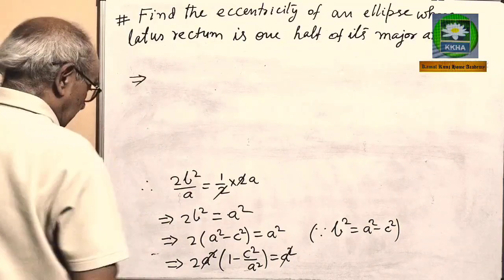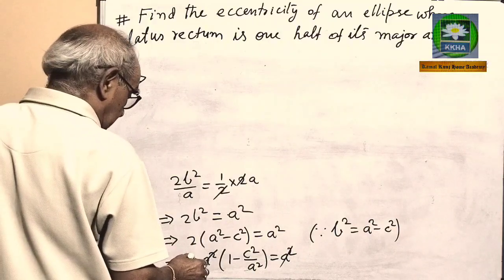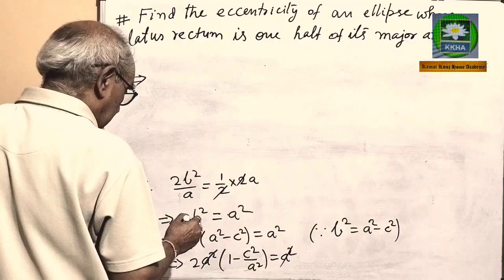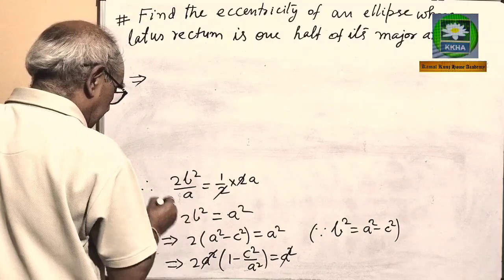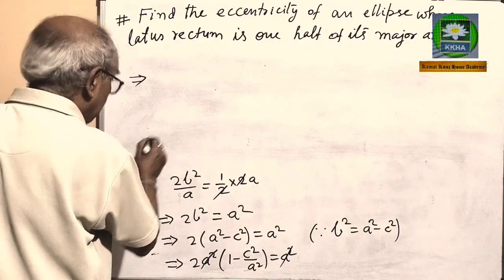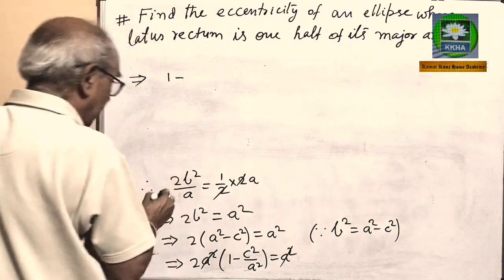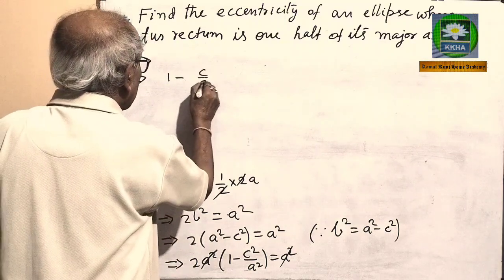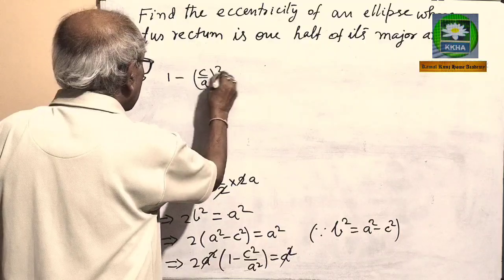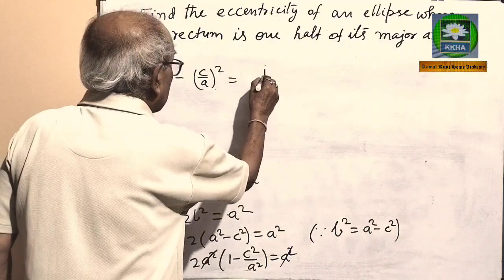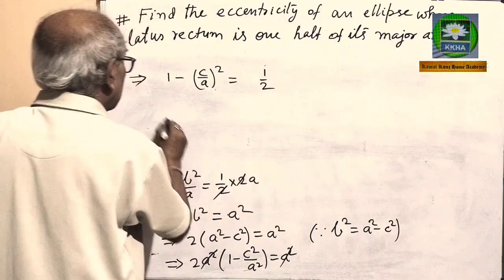This implies that 1 minus c upon a whole square is equal to 1 upon 2.